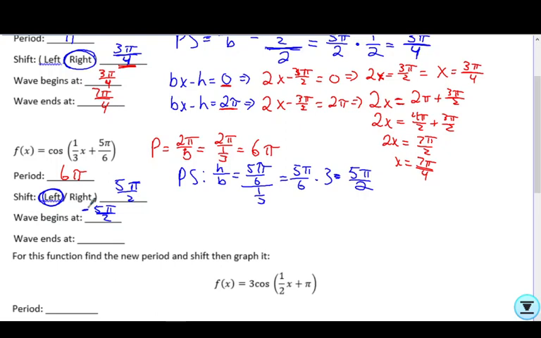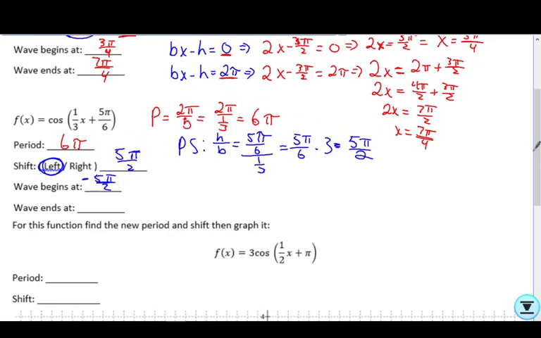Where is my wave going to end? We still use that other equation, so we're going to use bx minus h equals 2 pi. Plugging in what I have, it's 1/3 x plus 5 pi over 6 equals 2 pi. So 1/3 x equals 2 pi minus 5 pi over 6.